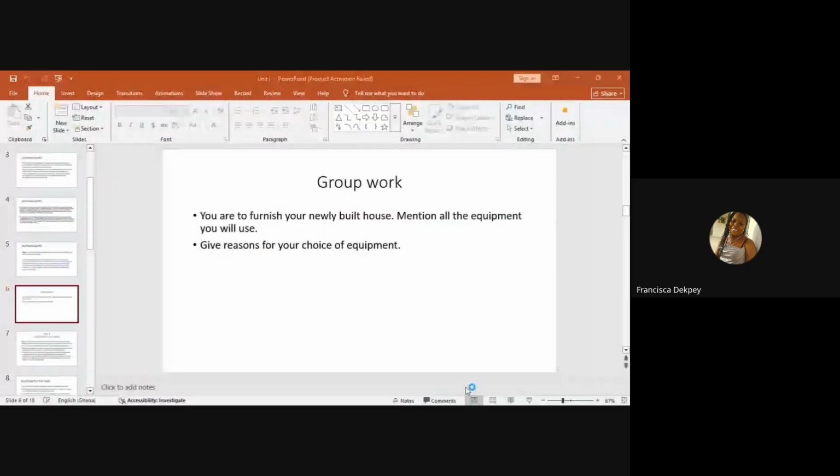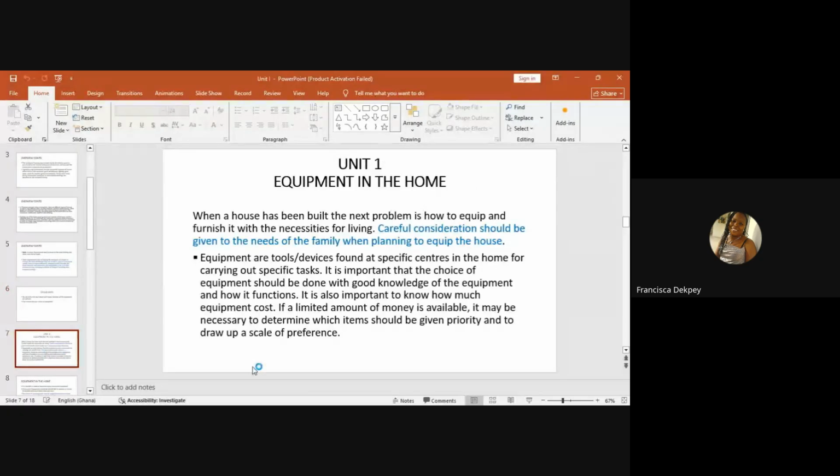Now for the kitchen, there must be a refrigerator to store my foods and drinks, and a stove for cooking my meals, and a sink with a tap for washing utensils. The bedroom: a bed with mattress for a peaceful rest after a long day's work.